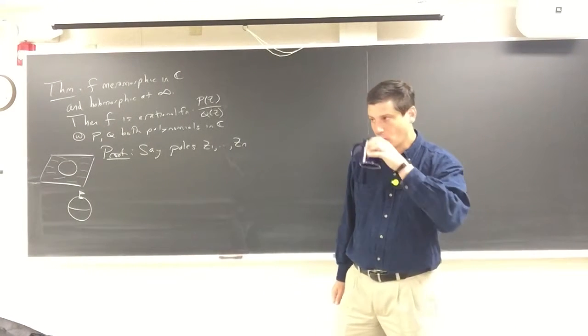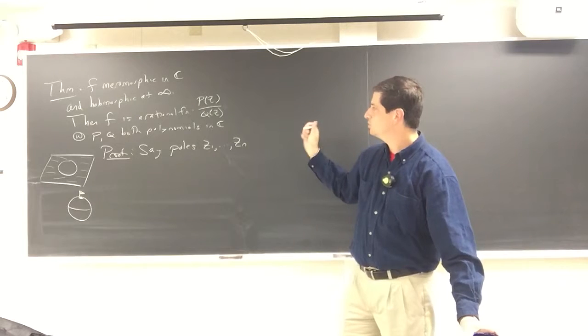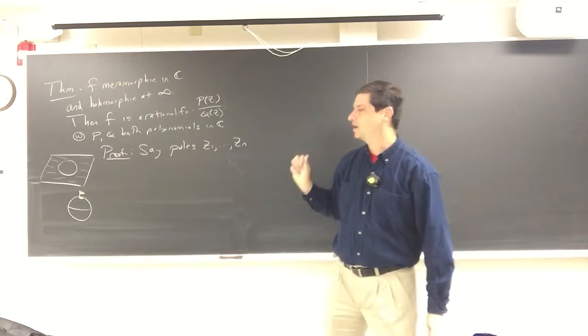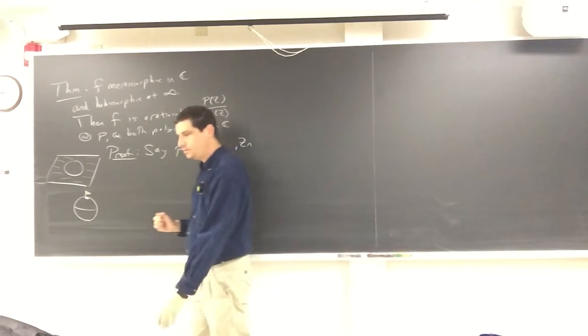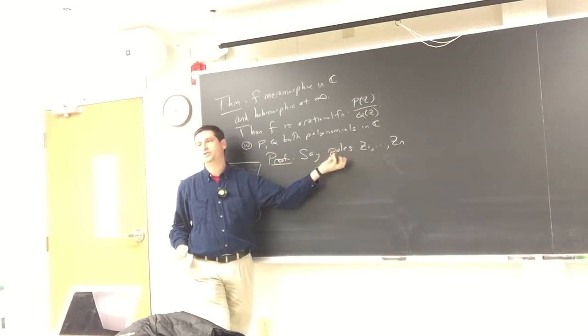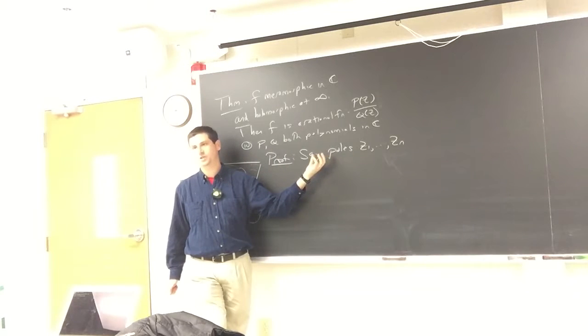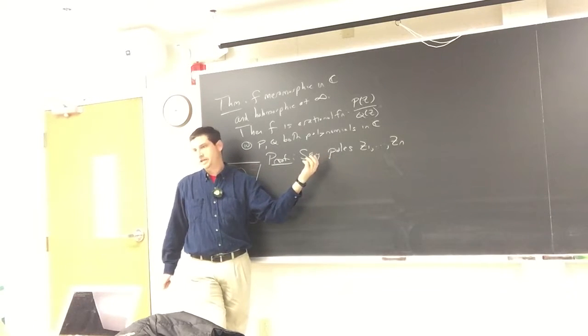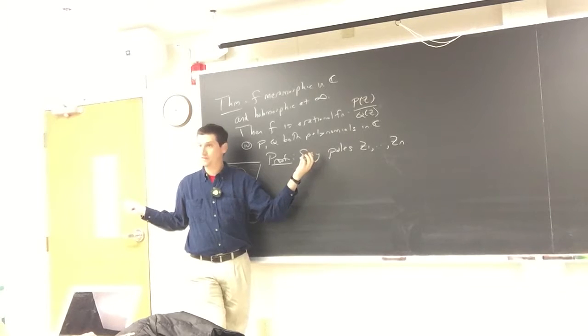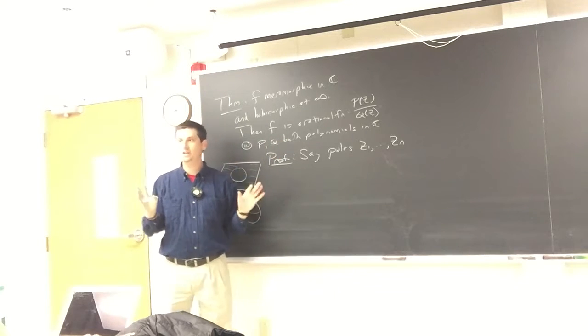This is the direction where we're trying to show that f is a rational function. In the definition of meromorphic, we want to assume the poles don't accumulate. Whenever we say we have a meromorphic function, we're just going to assume the poles don't accumulate. Is it possible that you could have an interesting function that has infinitely many poles that accumulate? Perhaps. We're not going to handle that for now.